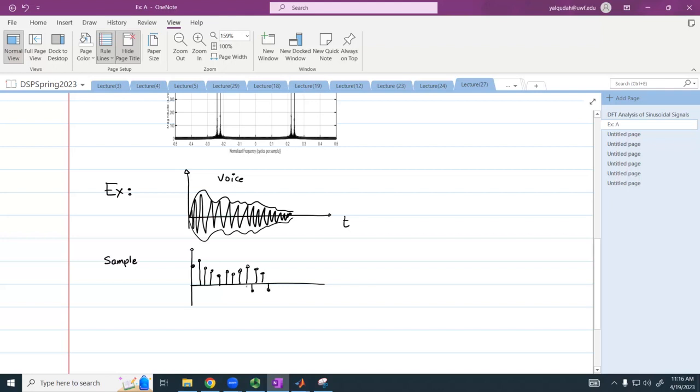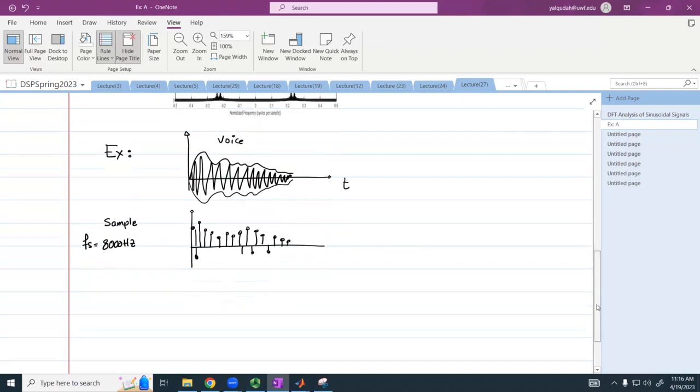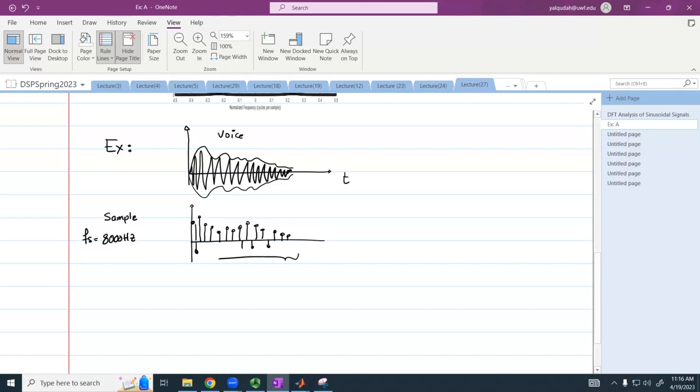Of course, this could be positive or negative, it doesn't matter. Okay, so let's say that we sample this signal at a rate such that f sampling is equal to 8,000 hertz. And let's say that the length of this sequence of the signal that I have is 512.